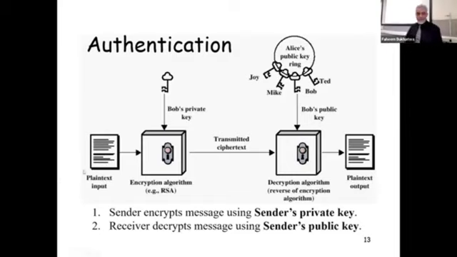You take the plain text message and the algorithm, and you use the sender's key. This is Bob. Bob uses his private key. And once the message is encrypted, then Bob's other key needs to be used. So when Alice receives the message, she must use Bob's public key.